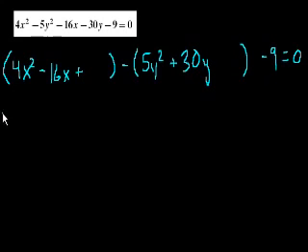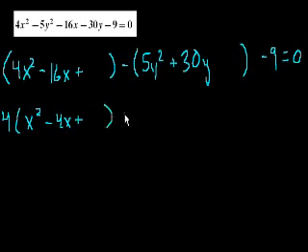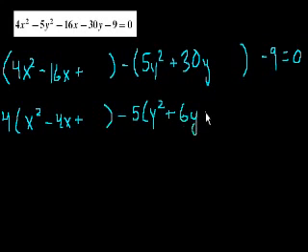So you get 4 times x squared minus 4x plus something, minus, let's factor a 5 out, 5 times y squared plus 6y, probably plus something. Now let's add the 9 to both sides, is equal to 9.